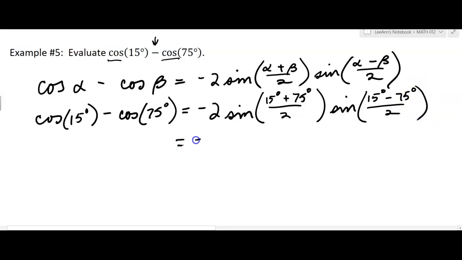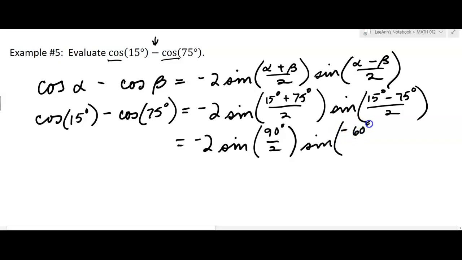Okay, so negative 2 sine. Okay, 15 and 75 is what, 90 degrees over 2? And then here I'm going to have negative 60 degrees over 2. And then I'm going to have negative 2 sine 45 degrees.